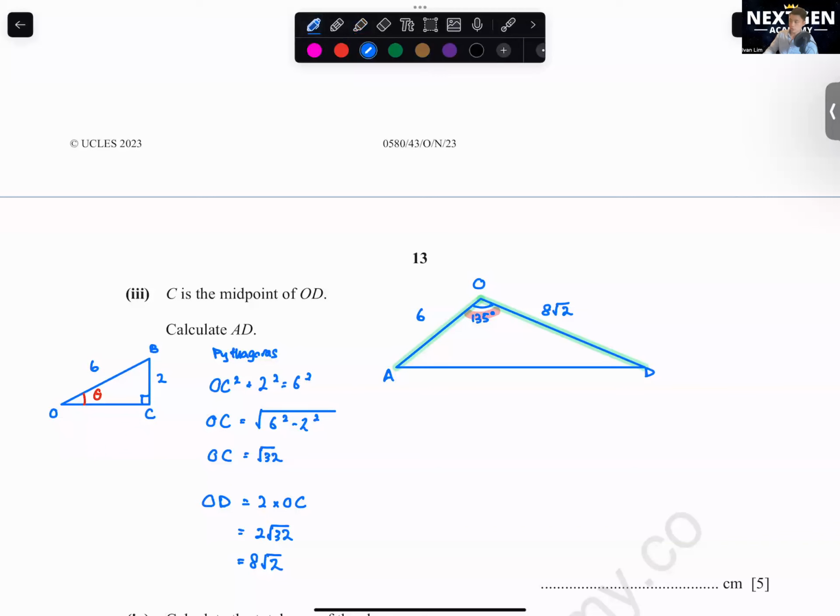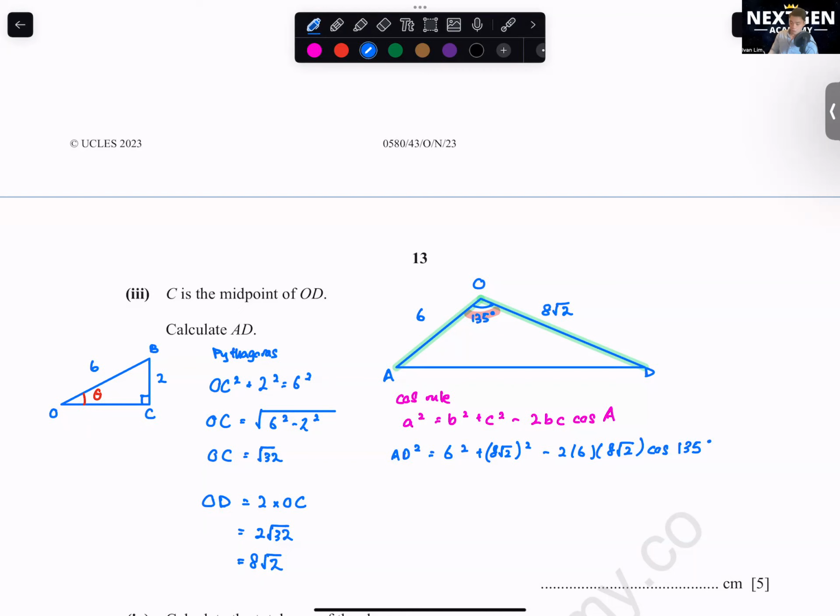Cos rule. Okay. Cos rule states that a squared equals b squared plus c squared minus 2bc cos A. The little a is this one, okay, the one that is opposite. So AD square, we put into the formula, AD square equals 6 square plus 8 root 2 square minus 2 times 6 times 8 root 2 cos 135 degrees.